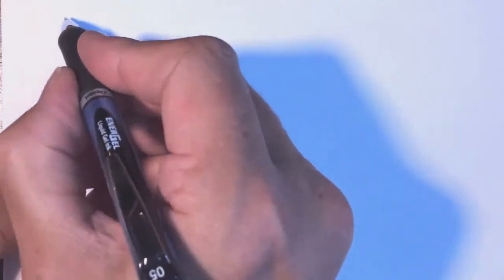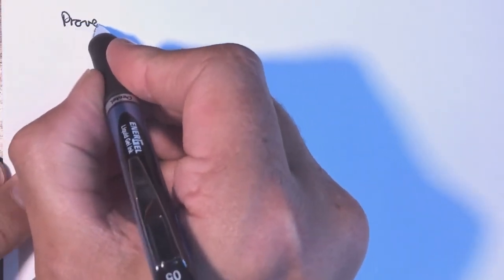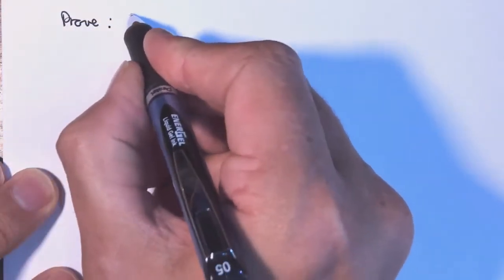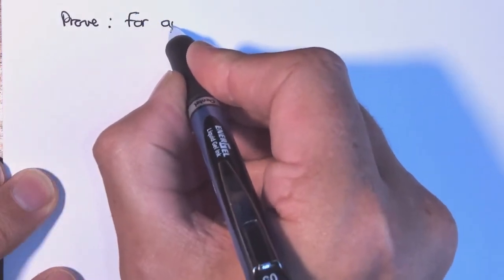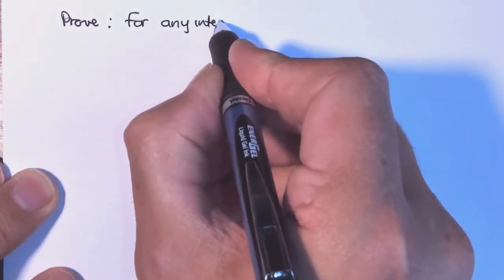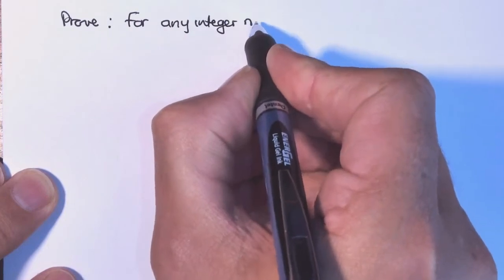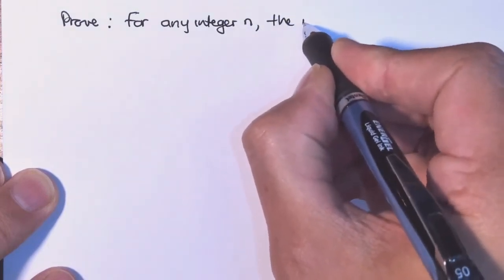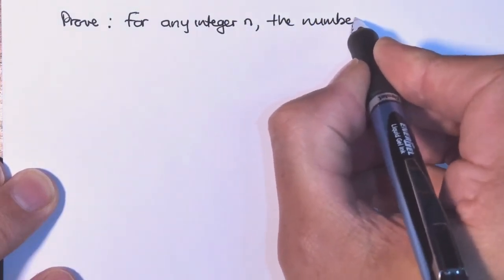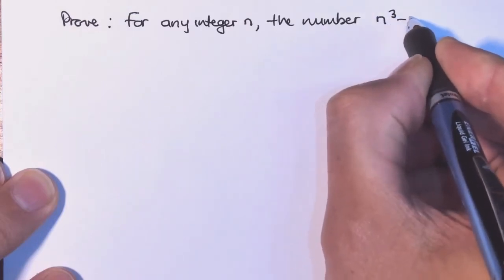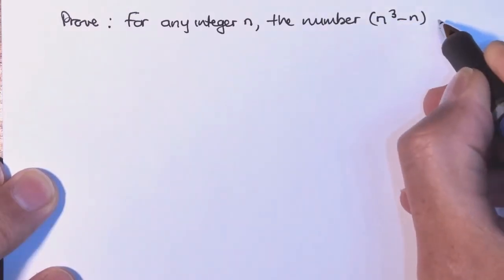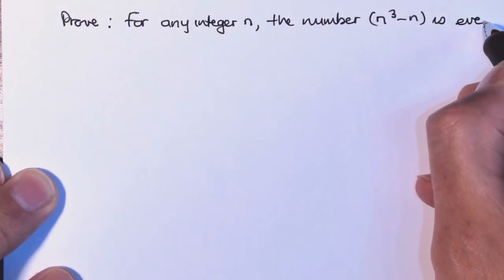Our example is going to ask us to prove the following: prove that for any integer n, the number n cubed minus n is always even.